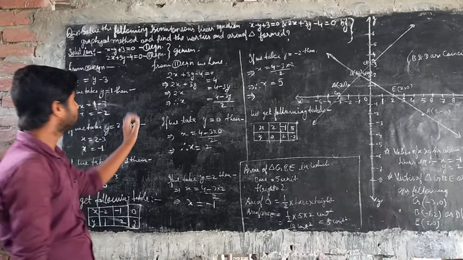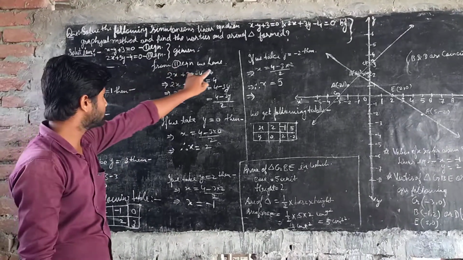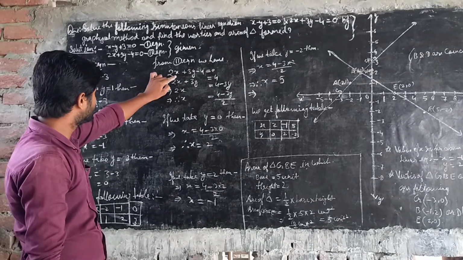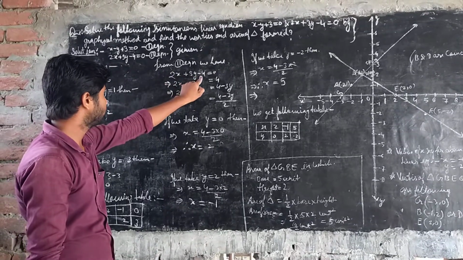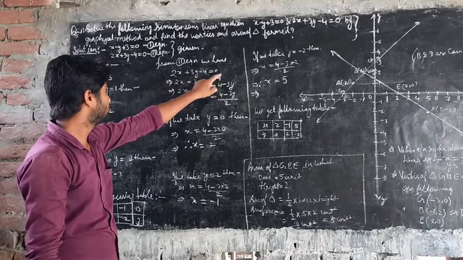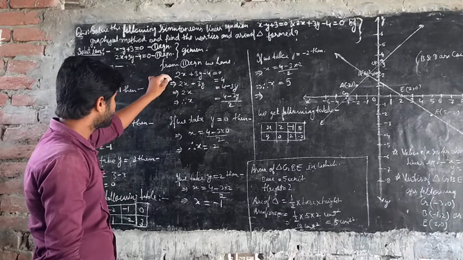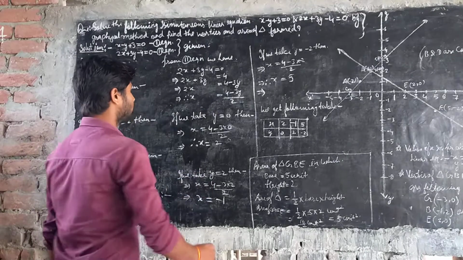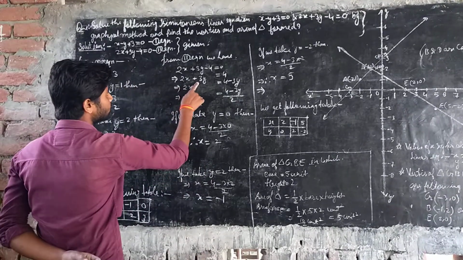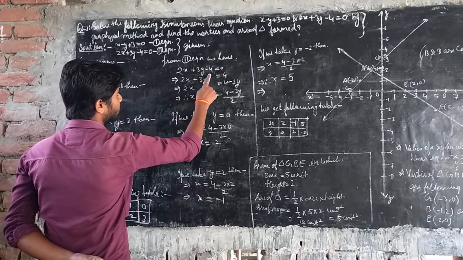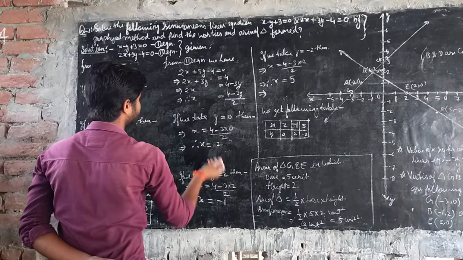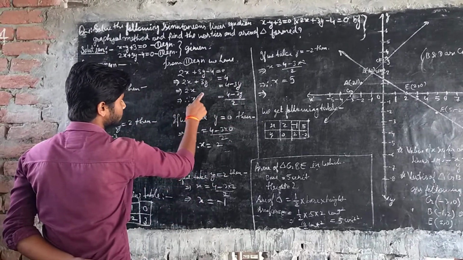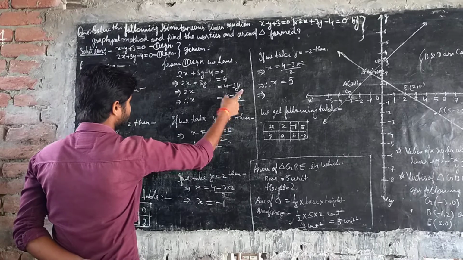For the second equation, we have 2x plus 3y minus 4 is equal to 0. From this equation we also find the value of x with respect to y. Here minus 4 is transferred to the right hand side, so we get 2x is equal to 4 minus 3y.